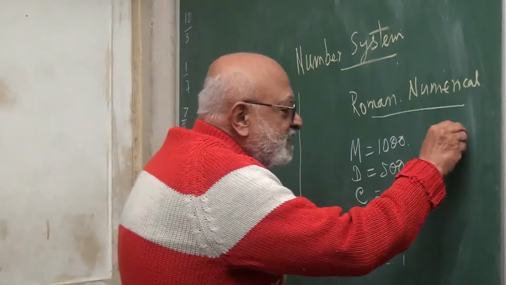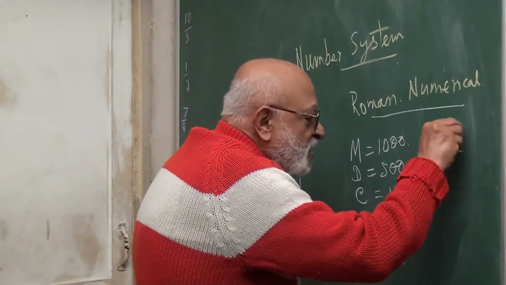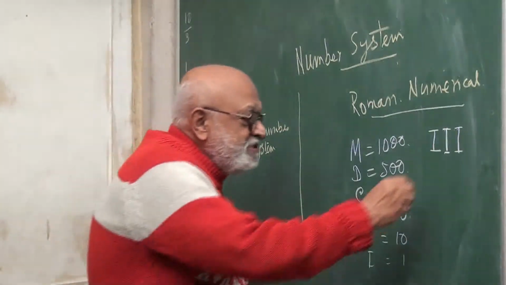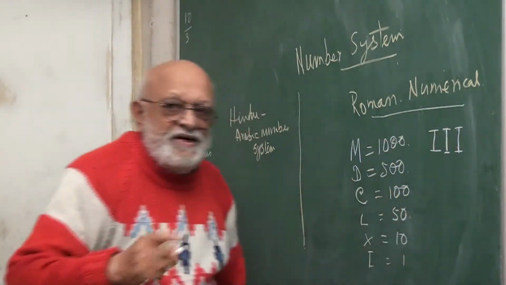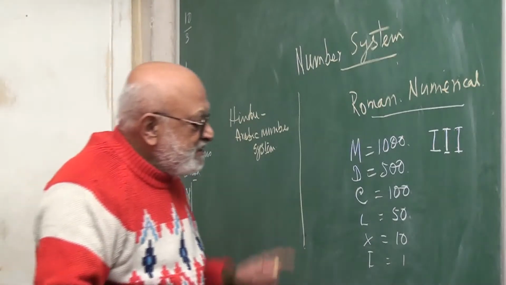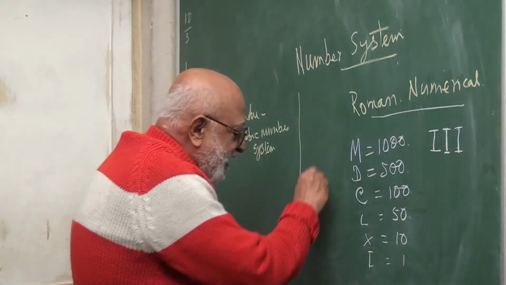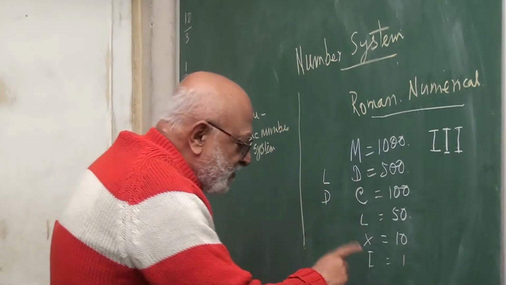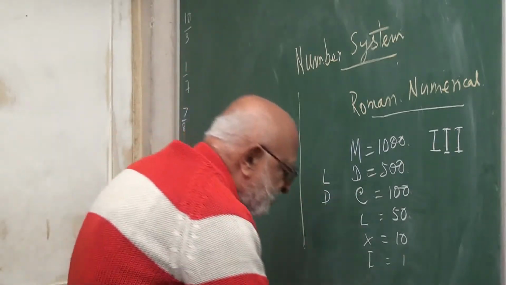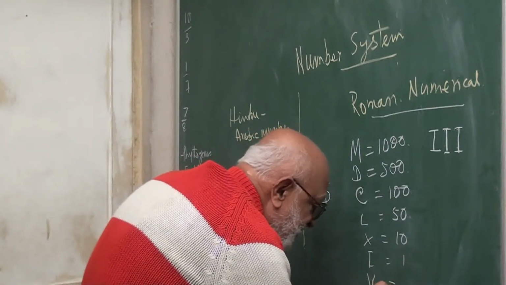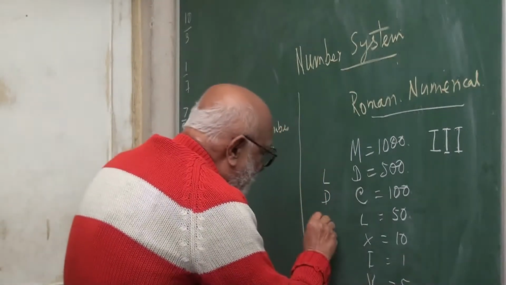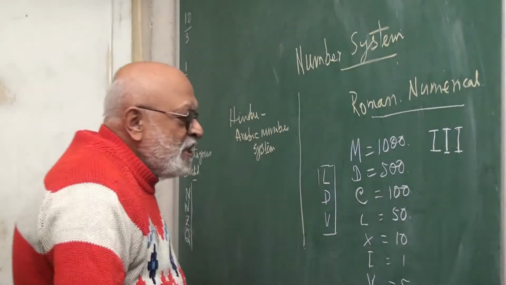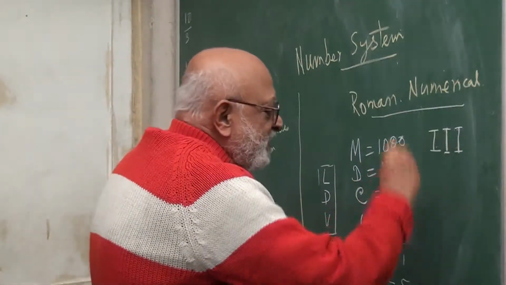There is a rule that these notations cannot be repeated more than 3 times. Some notations like L, like D, and V, that is 5, should not be repeated at all. So this is 1, 2, 3.